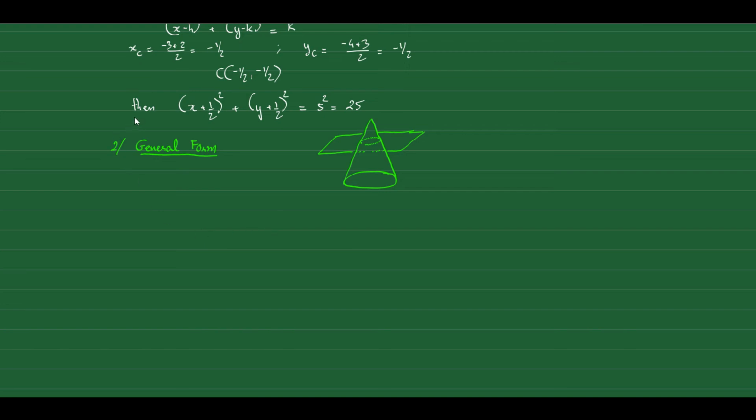Okay, but at this moment we just take it for granted this is the general form of the equation of circle. Okay, so the general form will be x squared plus y squared plus ax plus by plus c equals 0.